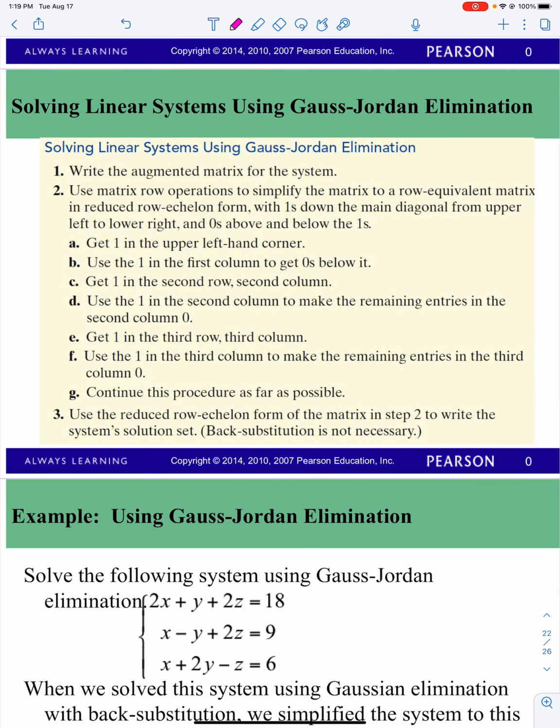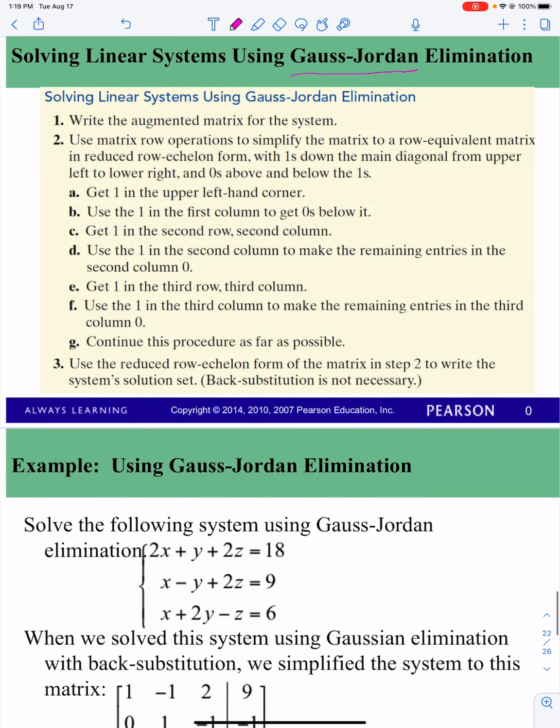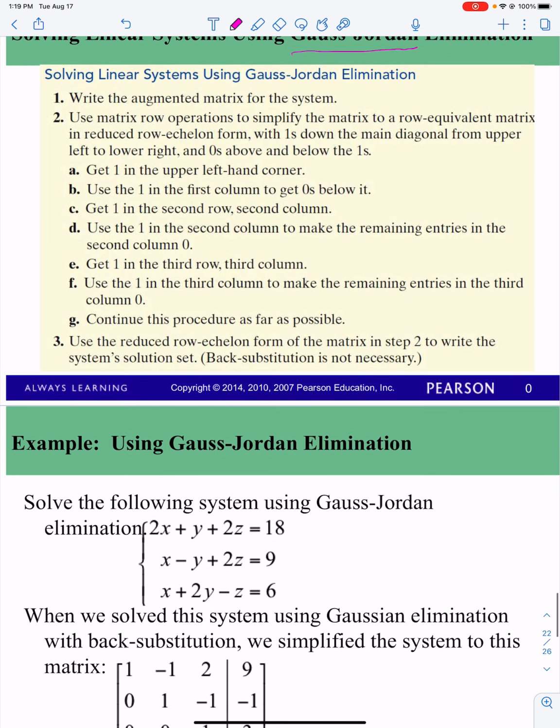Okay, so the next one we wanted to talk about is solve the linear system using Gauss-Jordan elimination. So what does Gauss-Jordan elimination mean? First you write the augmented matrix for the system, and then you use row operations to simplify the matrix to a row equivalent matrix in the reduced row echelon form.